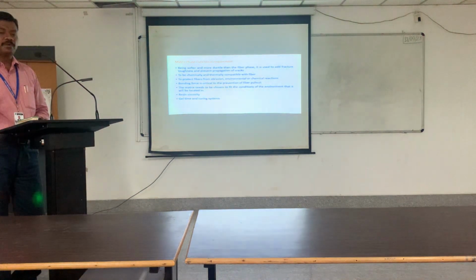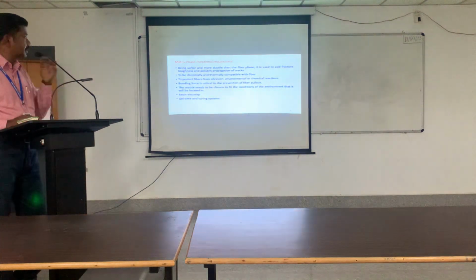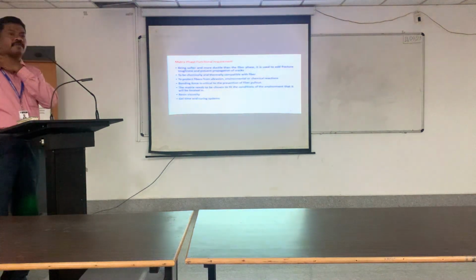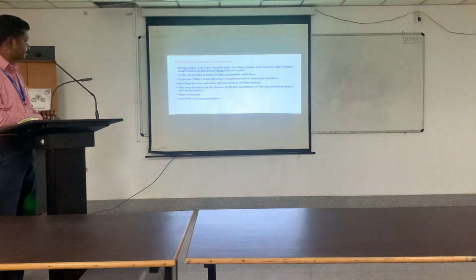There the reinforcement will corrode very quickly. Isn't it? So if it is covered by the matrix, then the reinforcement will not be subject to corrosion, or an acidic environment. So it will safeguard the fibers from any kind of environmental degradation.